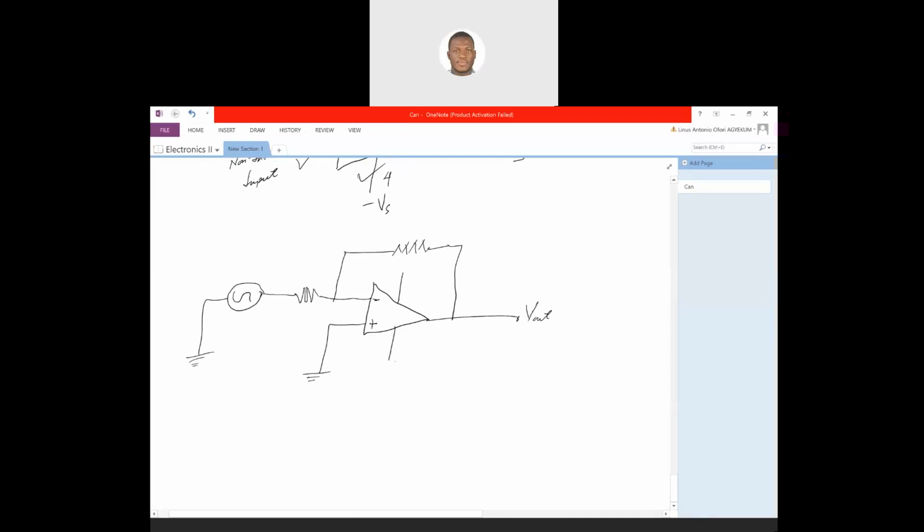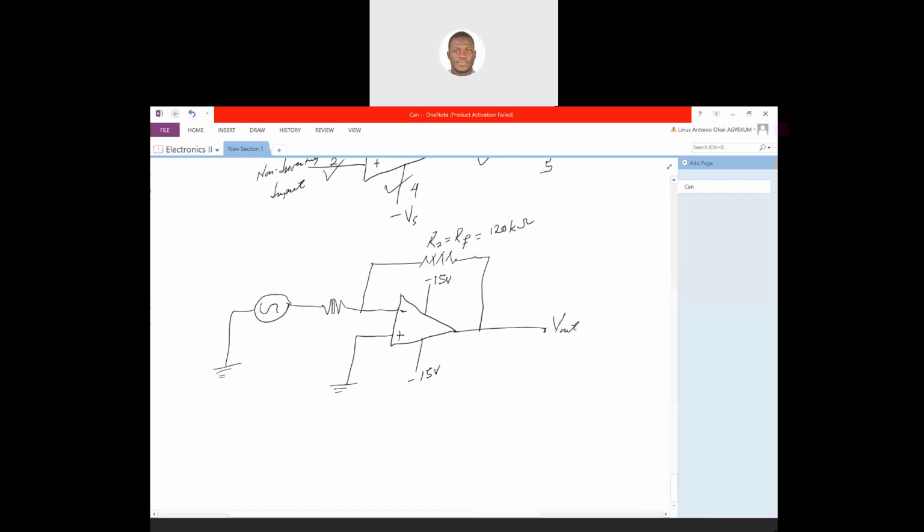So from the question, this is 15 volts, and this is negative 15 volts, and this is positive 15 volts. And we have our R2, which is the same as RF, equal to 120 kilo ohms.